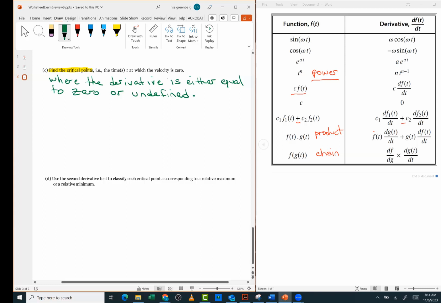Okay, that is a critical point. You'll learn a lot about this in calculus.